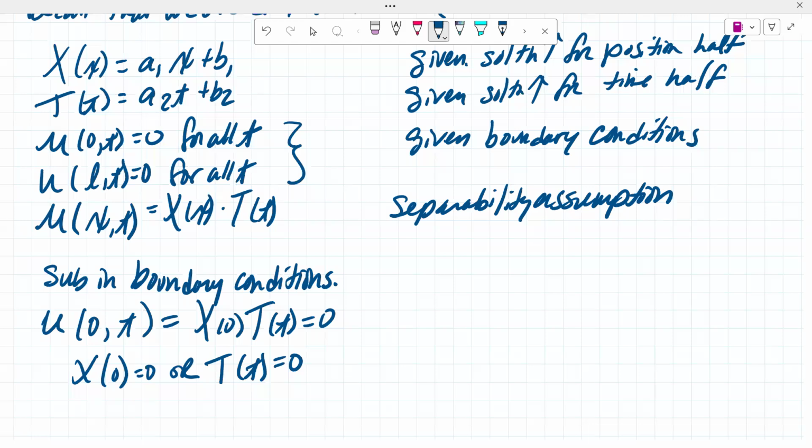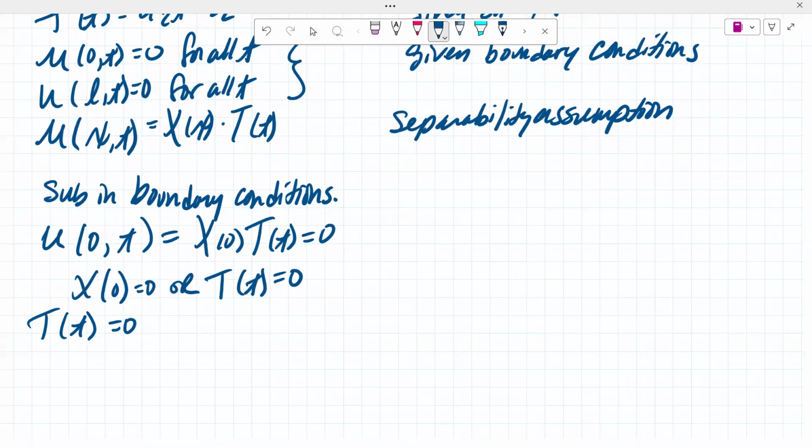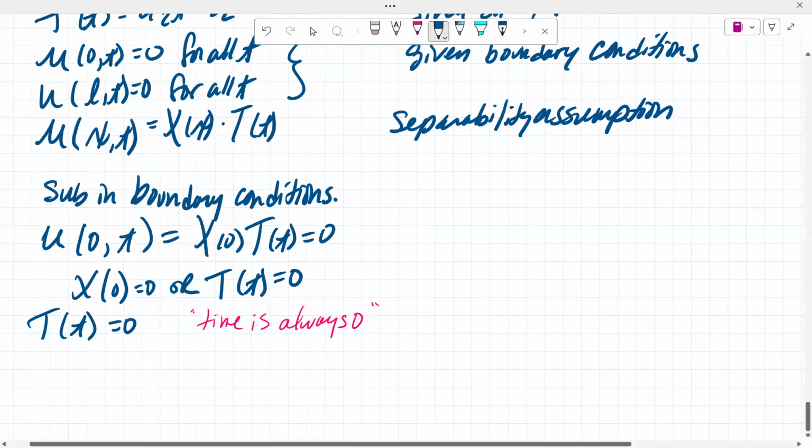T of t equals 0 doesn't make any sense. What does it mean? T of t equals 0 says time is always 0. That is, the clock never advances. That doesn't make any sense.